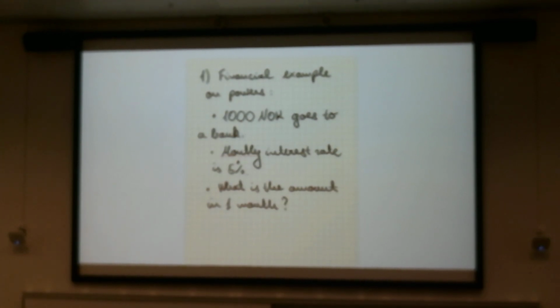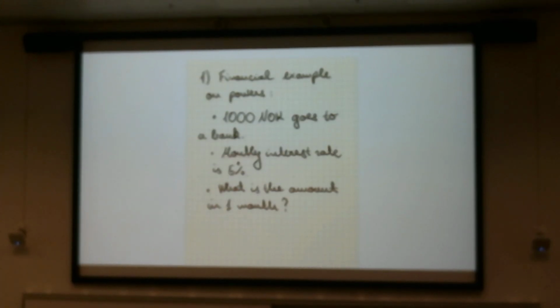How should I calculate? I'm pretty sure that if you're taking finance courses, you have probably seen this. So where should I start? Should I multiply by something? Yeah? So it's 1 plus 0.05.